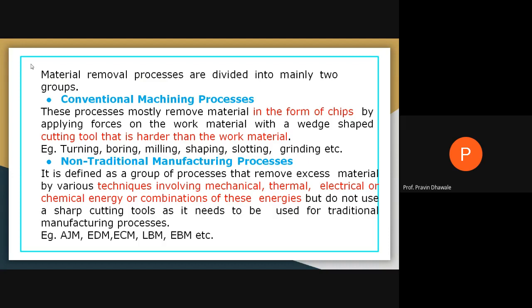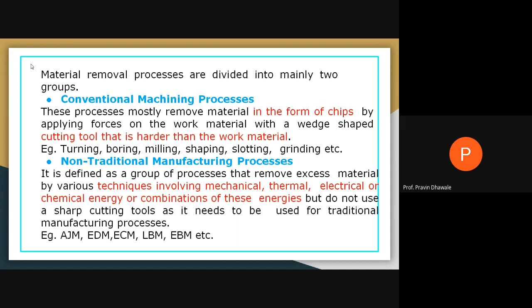Such processes are called conventional machining processes. Means in such processes we remove the material from the workpiece in the form of chips, and for removing the material you require a cutting tool. It will be a single point cutting tool or wedge-shaped cutting tool, and the material of that cutting tool must be harder than the material of the workpiece.